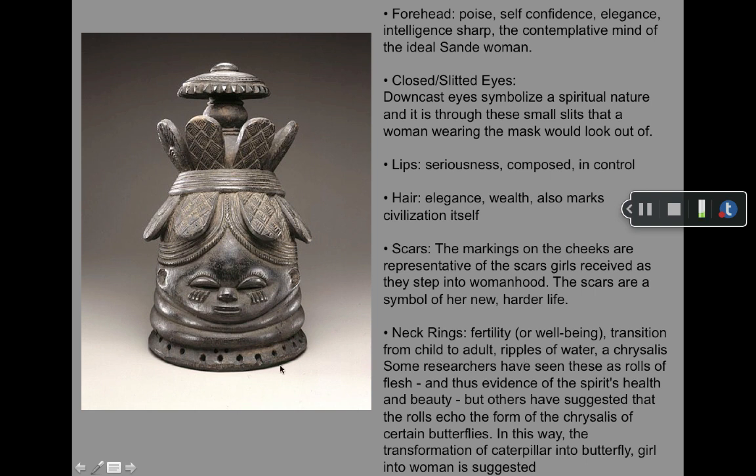They also represent ripples of water because the Sowo, this divine creature, is known to be associated with the water. She comes deep from the water's depths. And so the ripples of water are a symbol of that. They're also a symbol of a chrysalis. Some researchers have seen these as rolls of flesh.